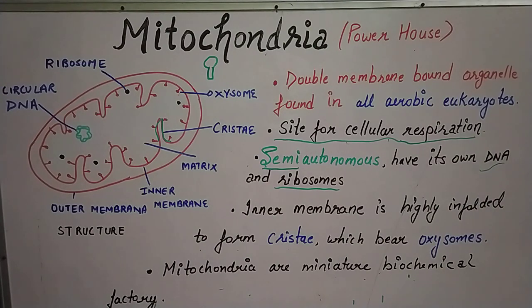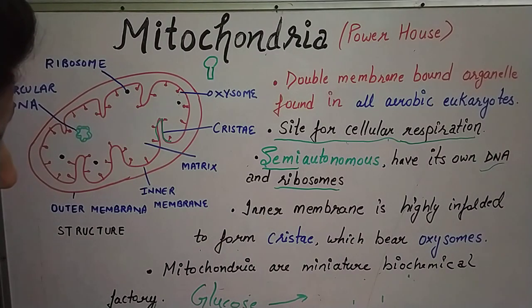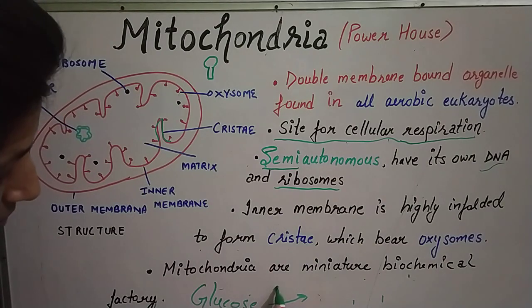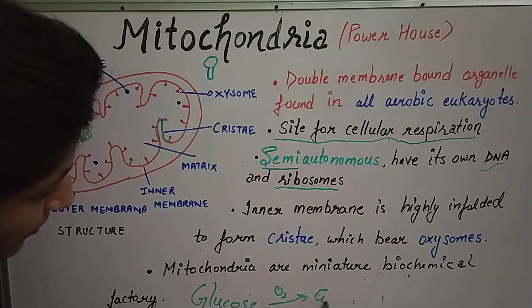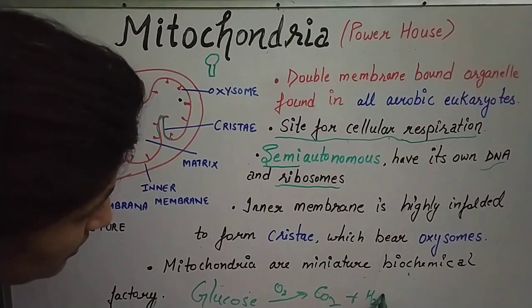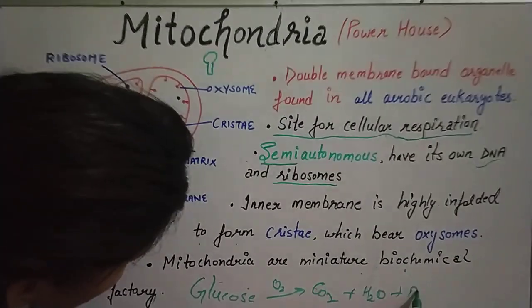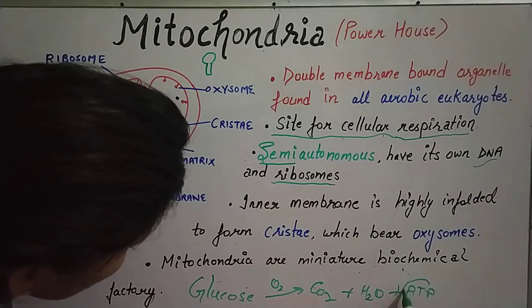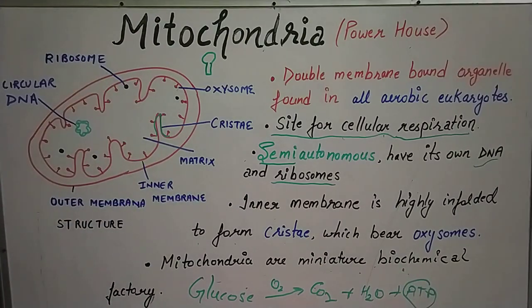Fine. When we talk about glucose, so glucose is going to enter into the mitochondria and in the presence of oxygen it is broken down into CO2, water plus ATP. This ATP we have got as an energy.